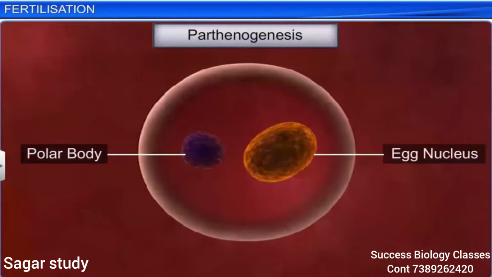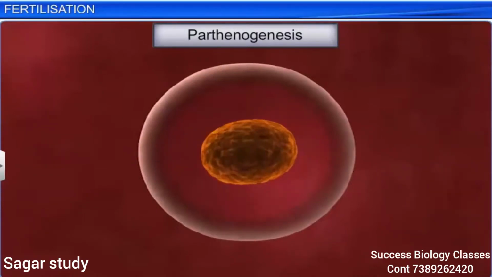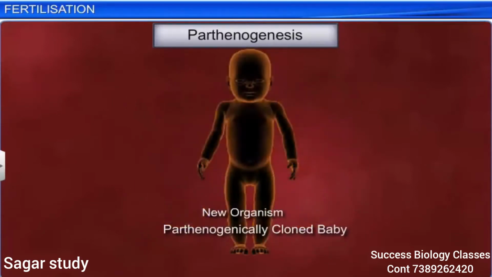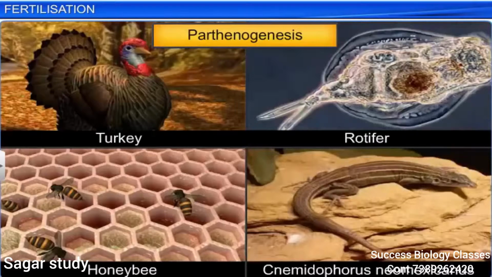In this process, the female gamete does not fuse with the male gamete, but undergoes developments such as cell division or chemical changes to form new organisms. Parthenogenesis, however, occurs only in a few organisms.